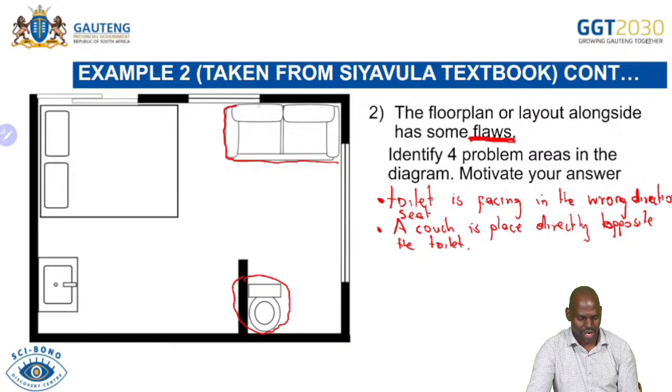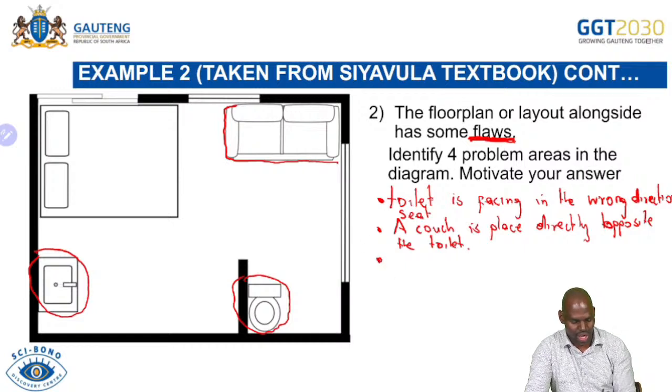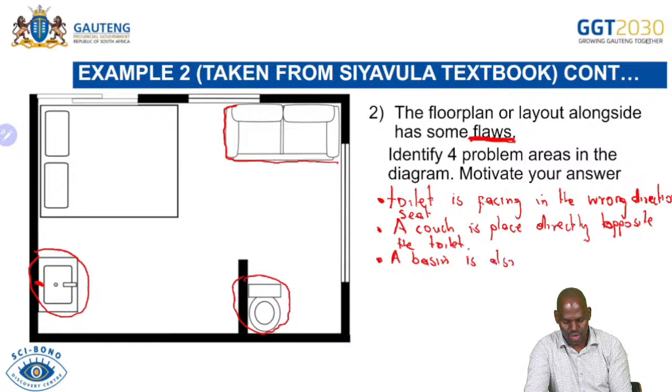Okay, then the next one is, if you look at the basin, it is also faced in the wrong direction. Because you see there's a tap there, and the tap is supposed to be on the other side. So this one is: the basin is also facing in the wrong direction.